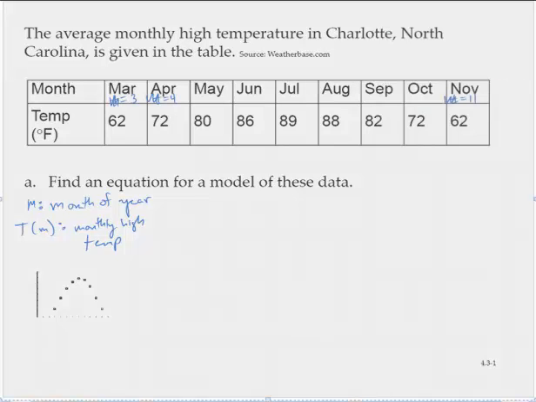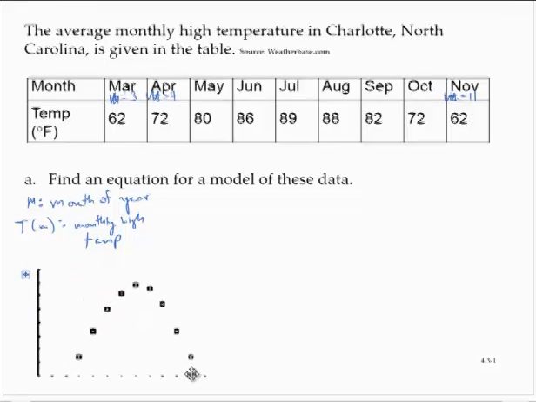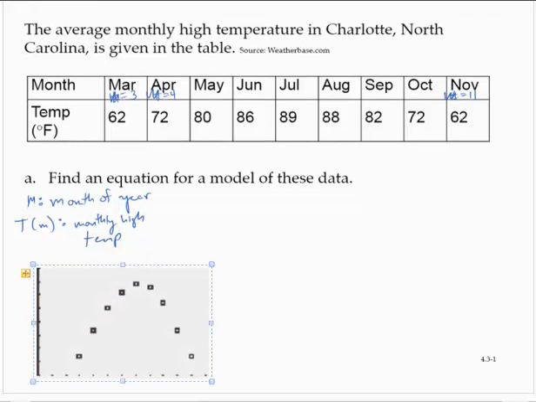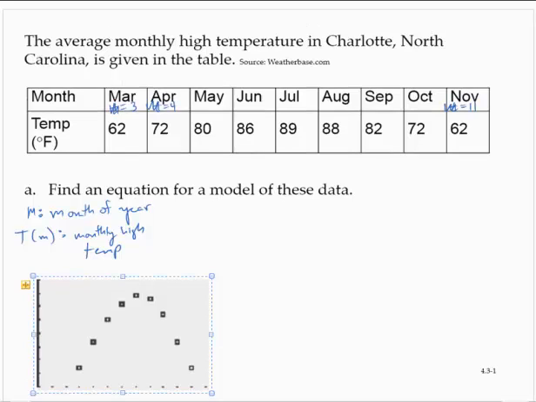So, let's look at it. And in fact, it looks like the vertex is that point right there, which is the July temperature. So let's take the vertex to be (7, 89).